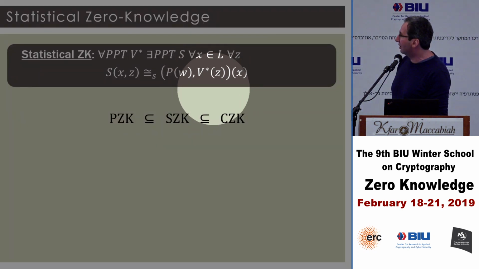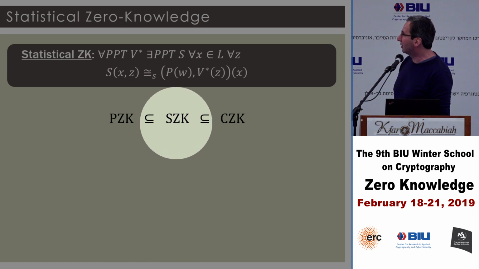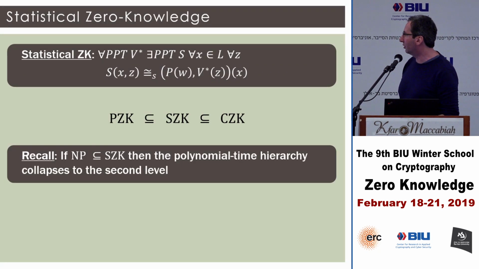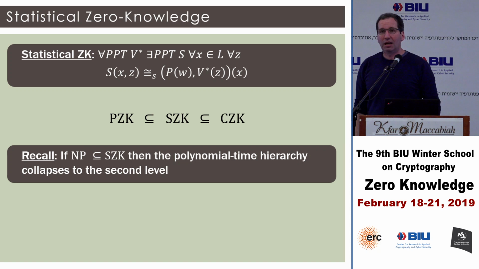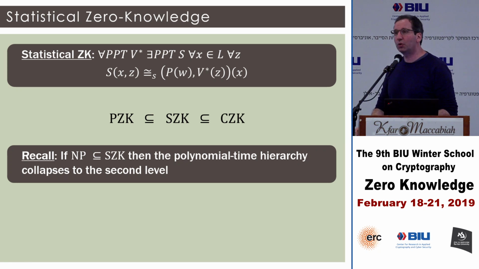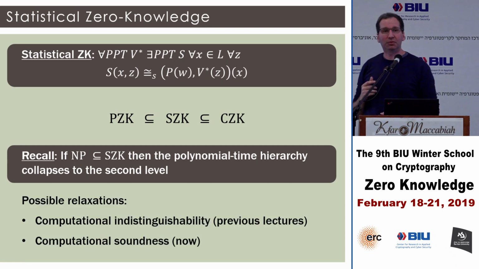And we saw that perfect zero knowledge is contained in statistical zero knowledge, contained in computational zero knowledge. And we saw that we cannot hope to prove NP languages in statistical zero knowledge, because if we could, then the polynomial hierarchy would collapse. And we said that we had two possible relaxations, one of which we already saw.